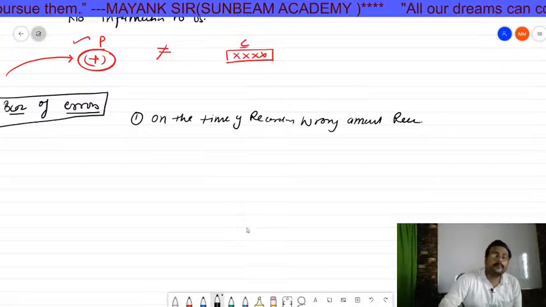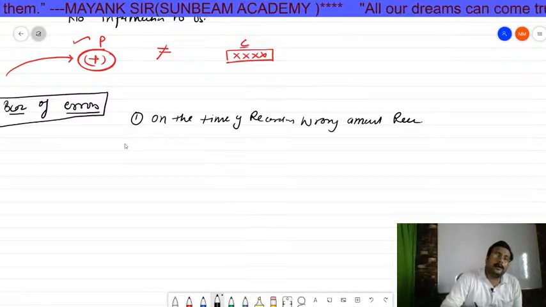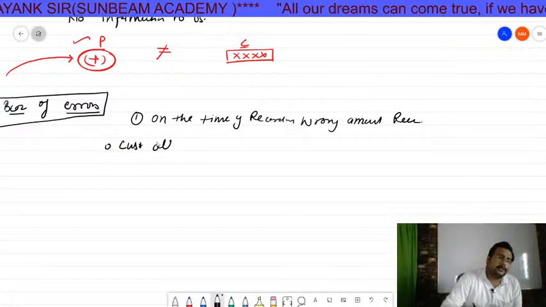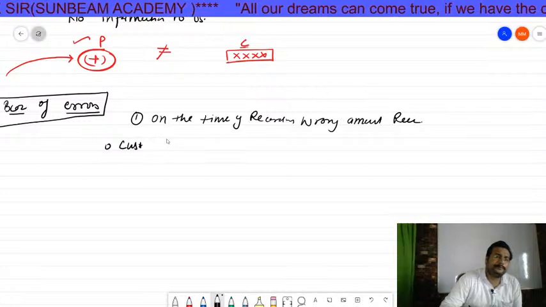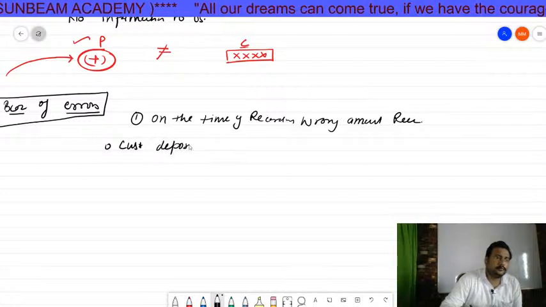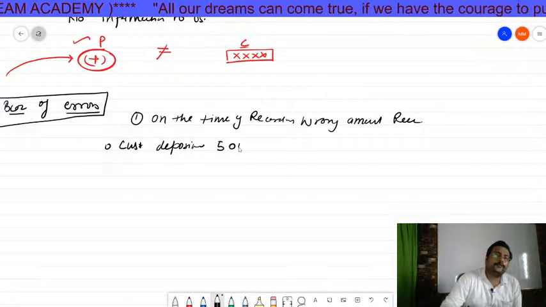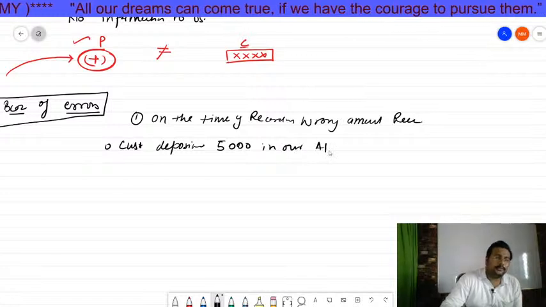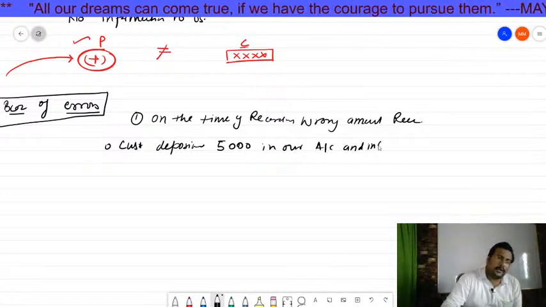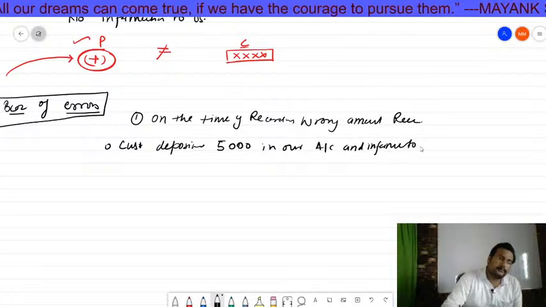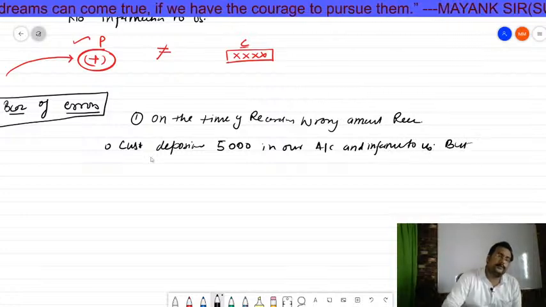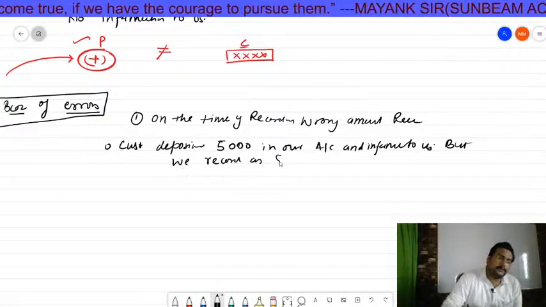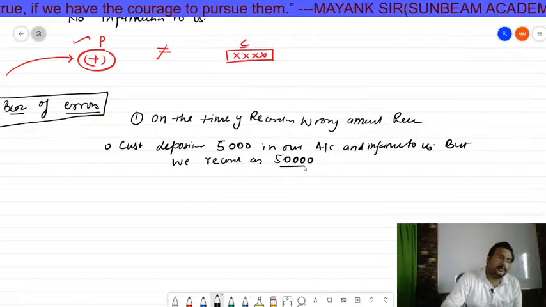How so? Child, a customer deposited ₹5,000 in our account and informed us, but we recorded it as 50,000.